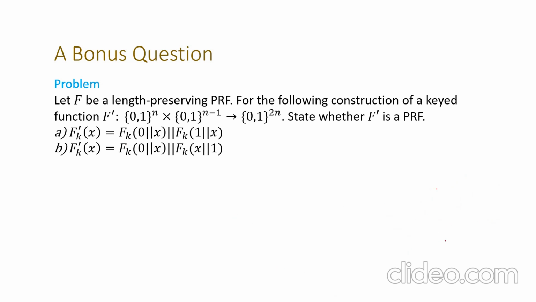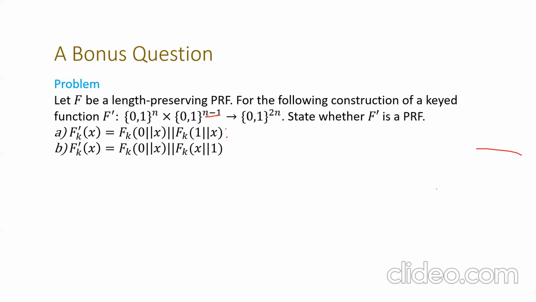Now f dash is another PRF that you are trying to propose, where f dash has input space of length n minus 1, and you use the function f to define f dash as this. So there are two proposed pseudo-random functions here; are any of them secure PRFs or not?